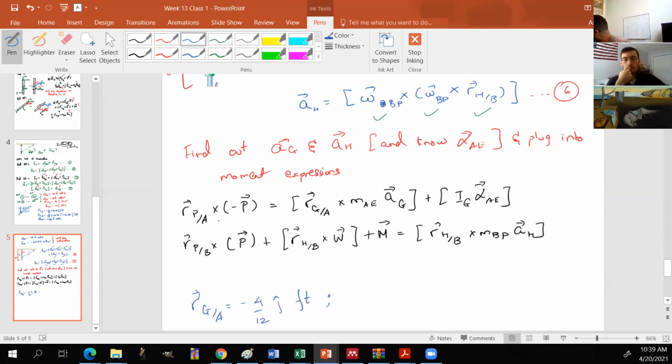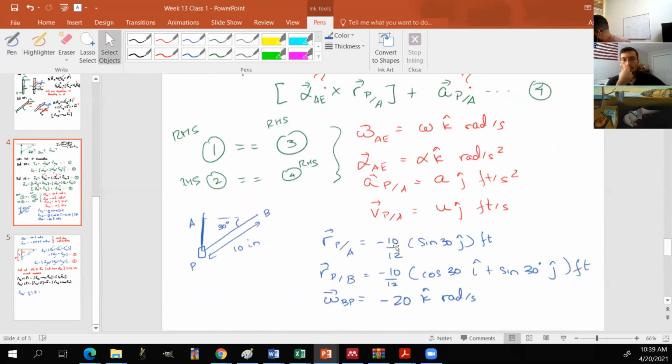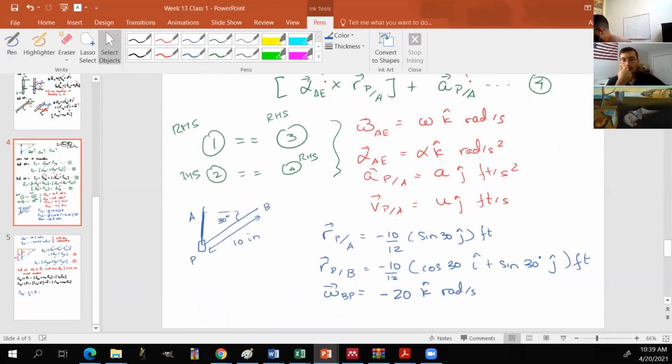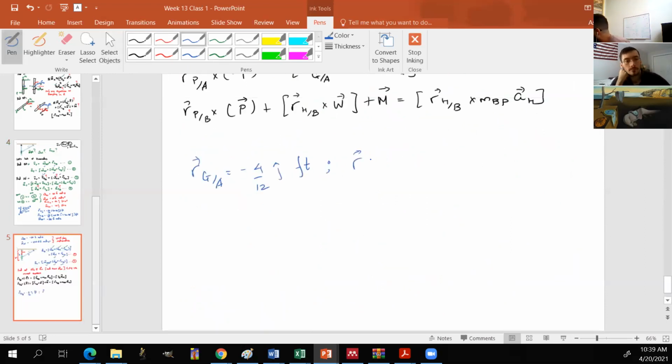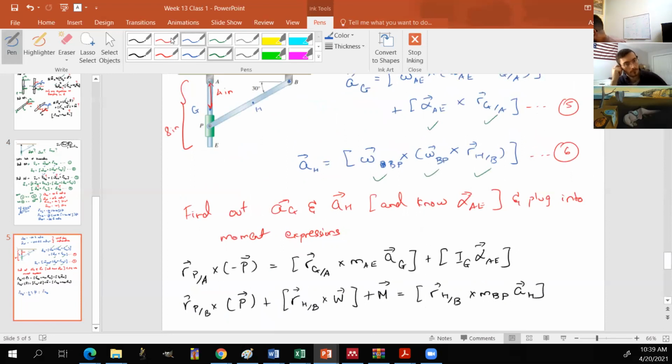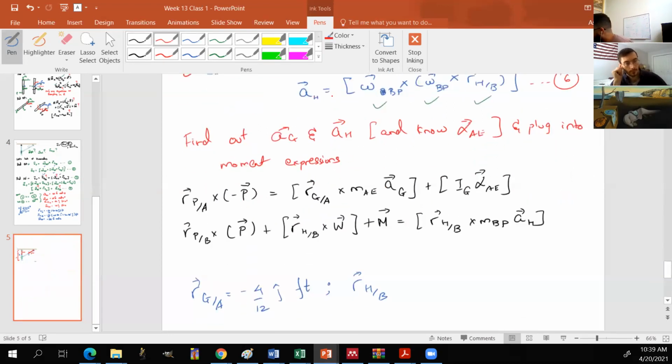Then you need to also have R of P relative to A. We found that out previously, when we looked at R of P relative to B. Next, we need R of H relative to B. This length here is going to be 5 inches, so you're just taking the components of that, and again, it's in the negative direction.